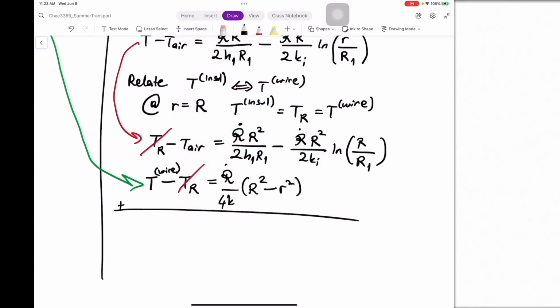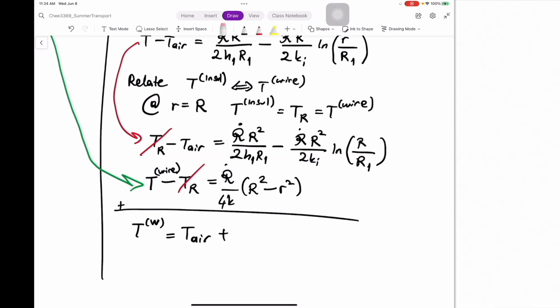And now there is nothing related to actually the T_R. So T of the wire is equal to, or maybe T of the wire minus T air, but you can take T air to the right hand side. T air plus some of all the terms on the right hand side.